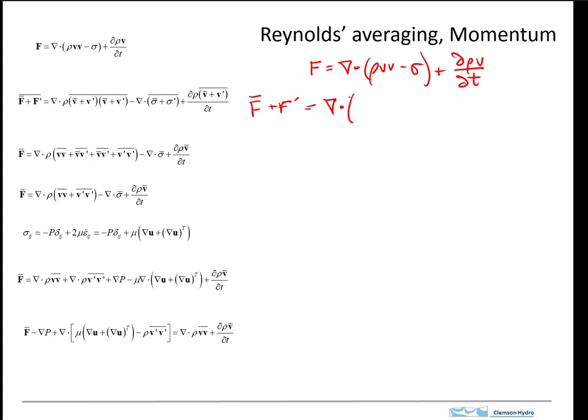I'm going to write this out. I'm going to just assume that the density is constant, so I'm not going to have the density fluctuating here. We could include it, but it's just going to make things longer and it won't really change the result here.